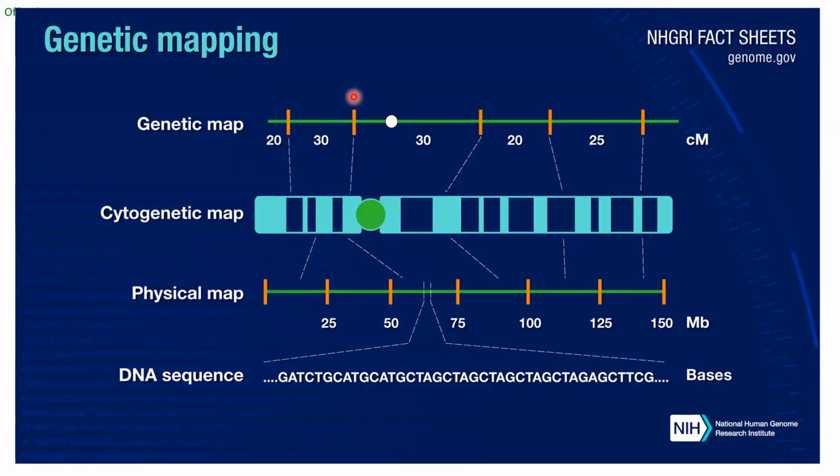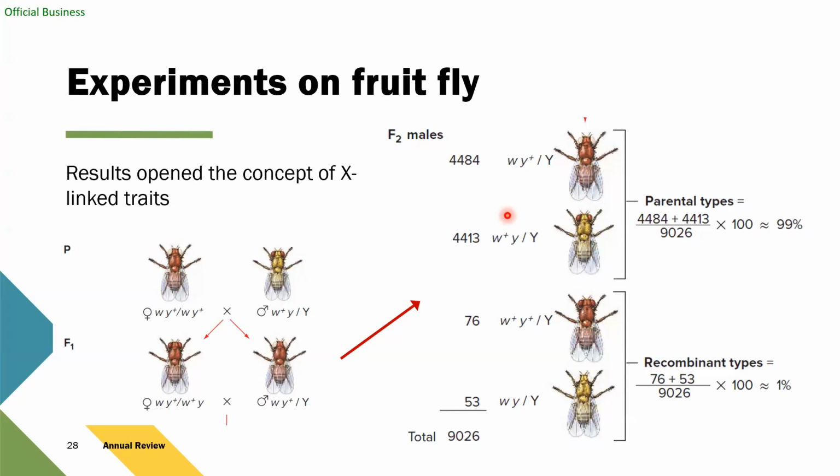This is an example of a genetic map. This is your chromosome, and you have those marks. Those are the genes, marking where they are found in your chromosome. Further experiments on fruit flies were started by Thomas Hunt Morgan, and it gained a large following.